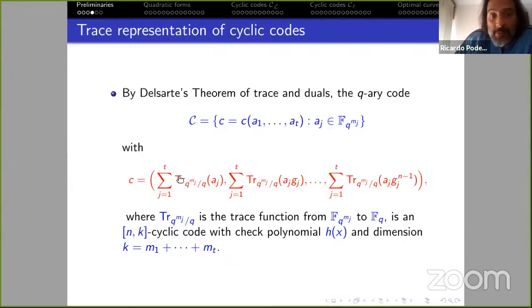The codewords are given by the traces, these are the trace function from this field to the base field. And this is an [n,k] cyclic code with check polynomial h. And the dimension k is the sum m_1 plus m_2 plus up to m_t.